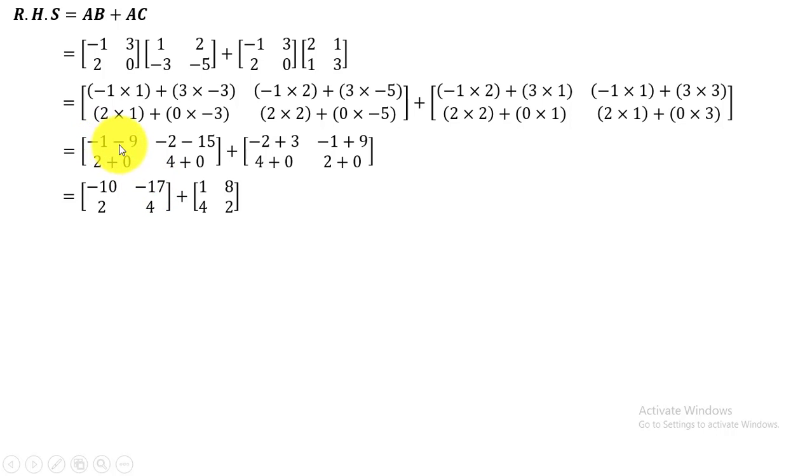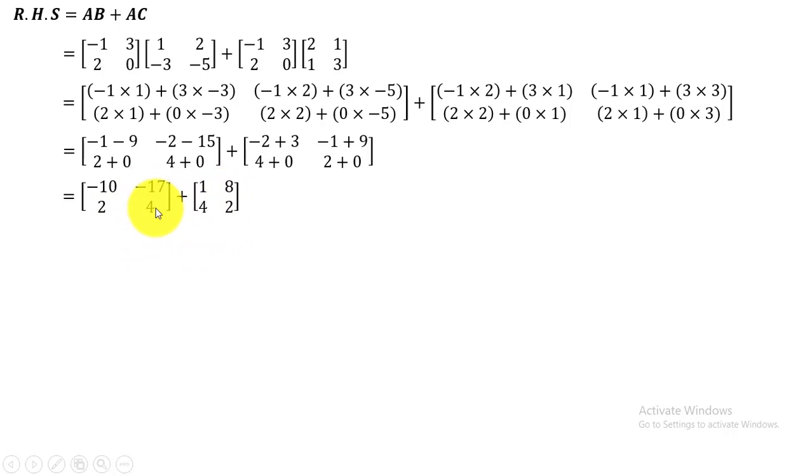So negative 1, negative 9 that is equal to negative 10. Similarly, first matrix has elements negative 10, negative 17, 2 and 4 plus matrix having elements 1, 8, 4 and 2. Now we add these two matrices to each other.